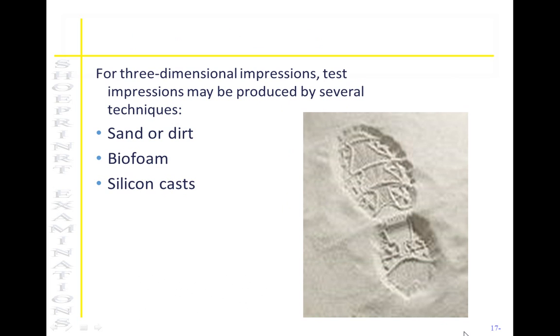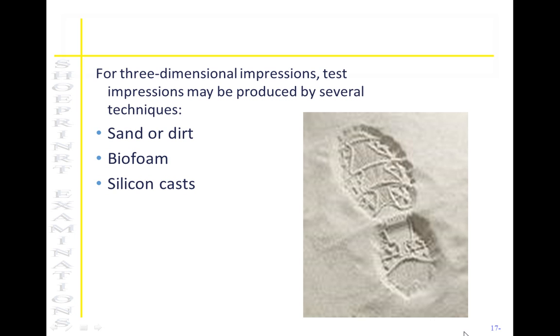The analyst may also choose to make a three-dimensional impression if some of the characteristics that they're concerned with might be on the sides of the shoes themselves. This can be done by making impressions in either sand, biofoam, or making a silicon cast.